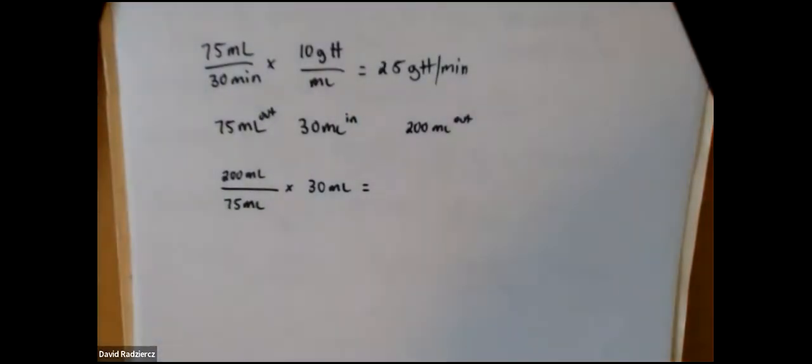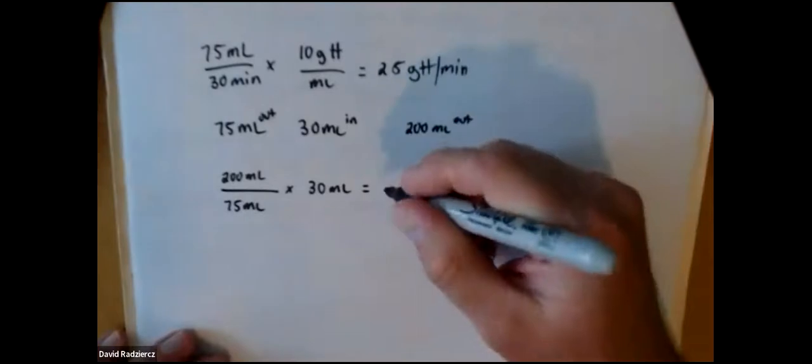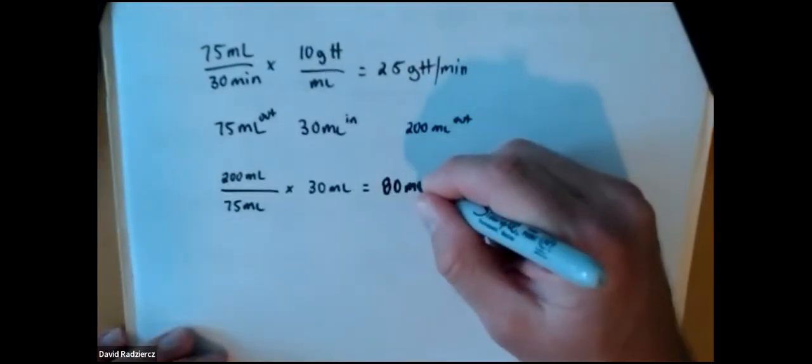Unless the key was wrong, which happens, 200 times 30 divided by 75 will give you a fluid replacement volume of 80 milliliters.